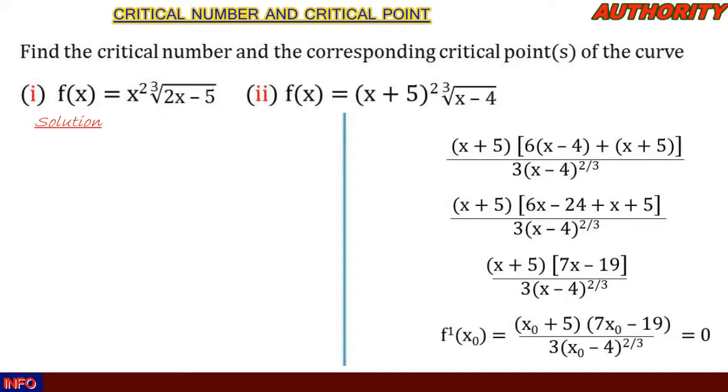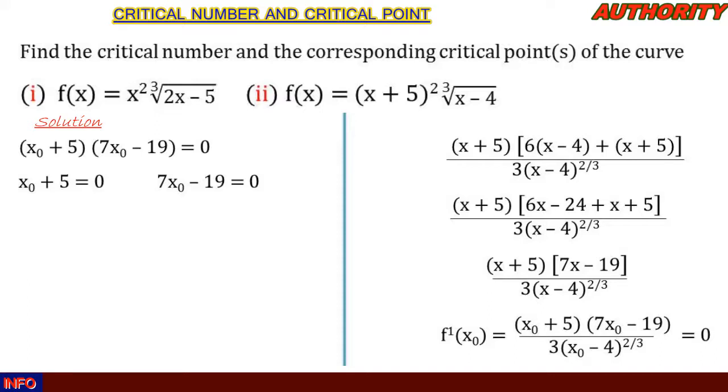Now here we're going to equate the numerator and the denominator to 0. For the numerator, we have (x naught plus 5)(7x naught minus 19) equal to 0. The first one: x naught plus 5 is equal to 0, so x naught is equal to minus 5.